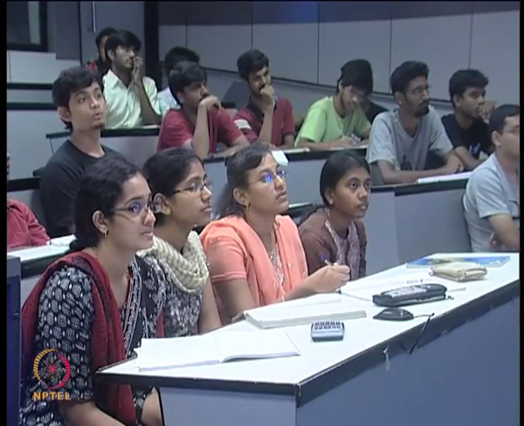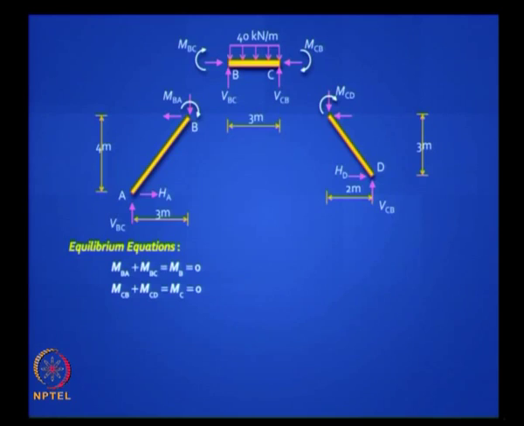Be careful. So the first thing you should do is draw free bodies of all the 3 elements with the end moments. Draw the 3 free bodies. They will look like this. You have MBA, MBC, MCB, MCD, and you have 4 slope deflection equations for them.